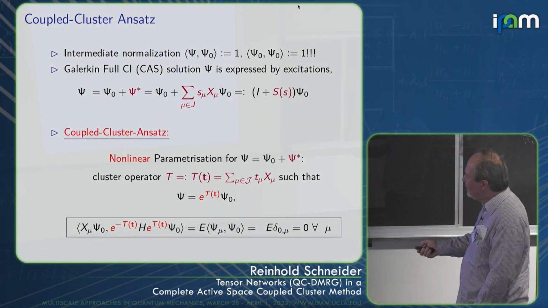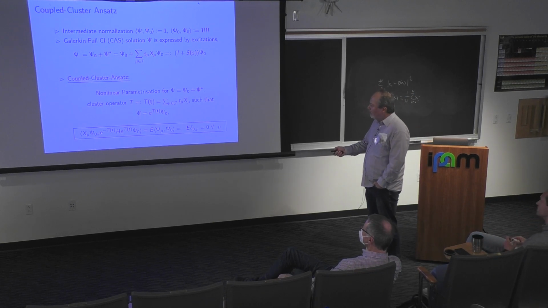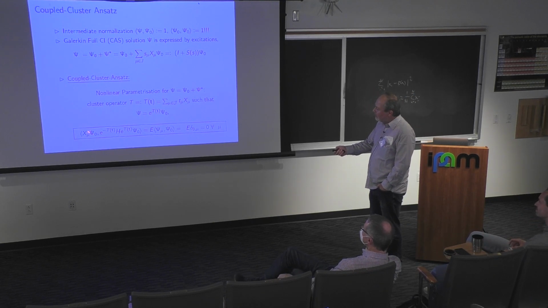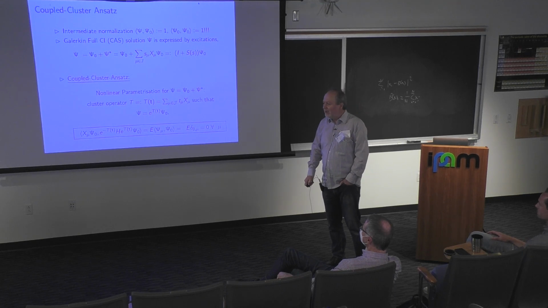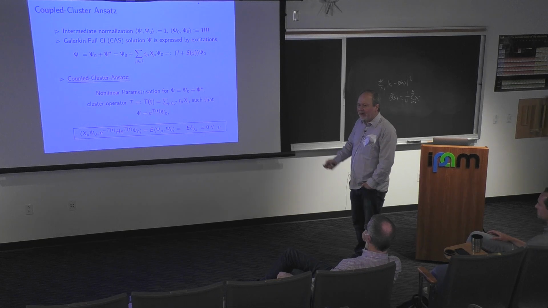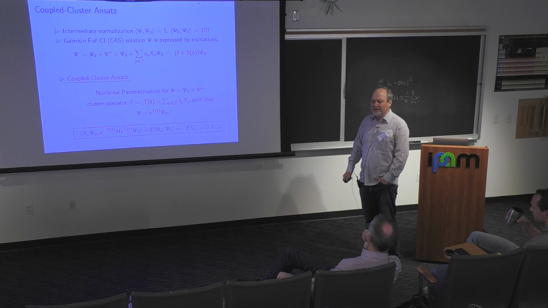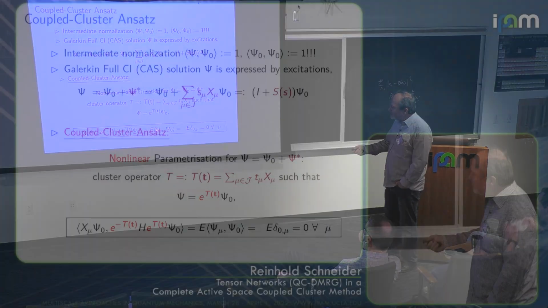If I apply an excitation to the reference and test it with this transformed operator applied to psi 0, then all these expressions are 0, except if there is no excitation, and then I have the inner product with psi 0, and this is just the energy. But forget the energy here.